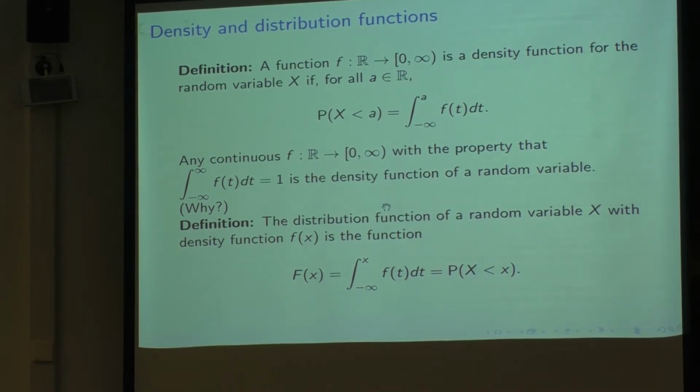This is what we call F of x. That's a distribution function, which is the integral of the density function. Just to make sure that you know what I'm talking about, does this ring any bells? Are we happy with this? Okay.